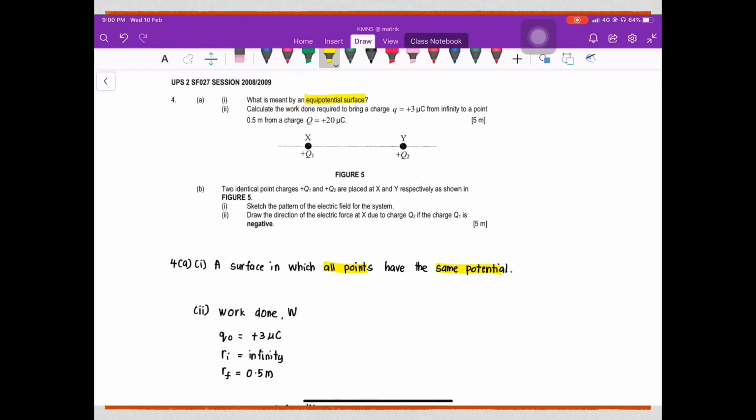Okay, next, for part A. Calculate the work done required to bring a charge of 3 microcoulomb. Consider this moving charge as your Q naught, from infinity, so infinity becomes your initial point, to 0.5 meter from a charge Q. This is your final point.